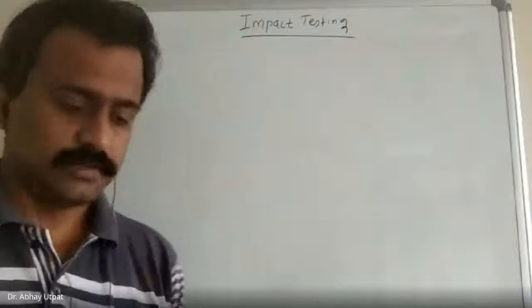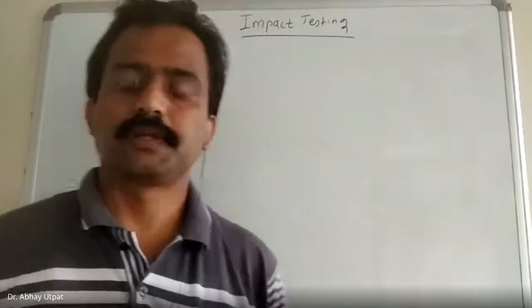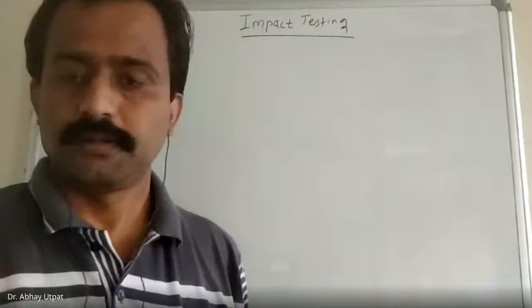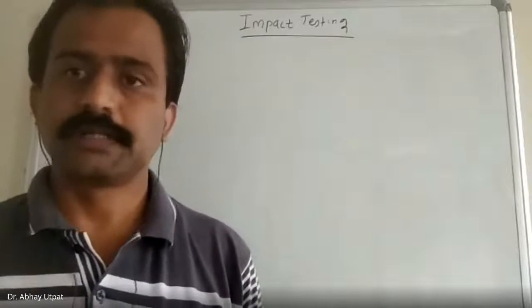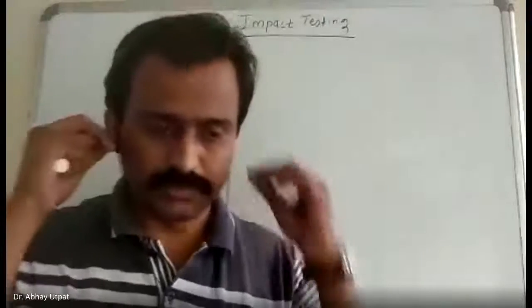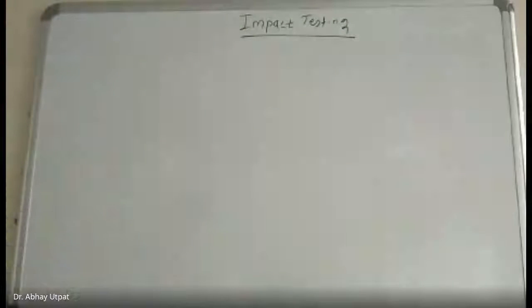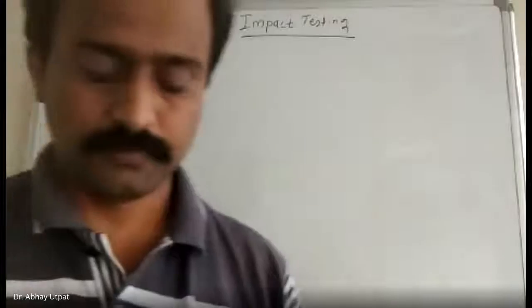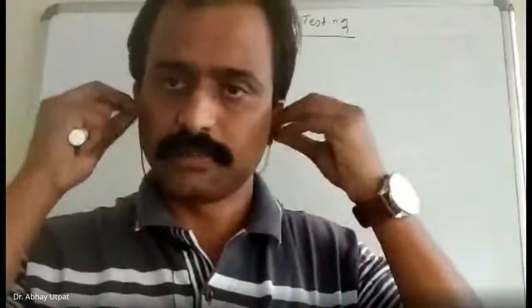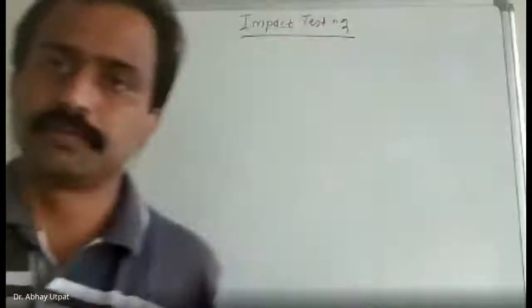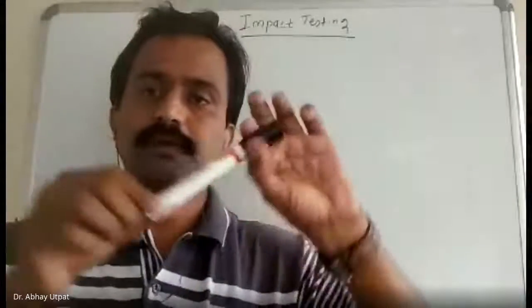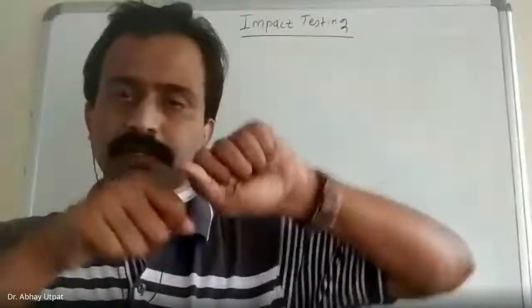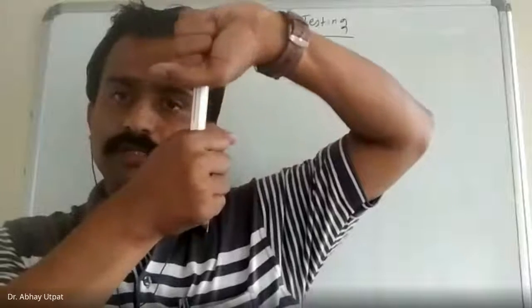So friends, in the previous class, we have studied tensile testing. Now, tensile testing is one of the destructive tests. Tensile testing is one of the destructive testing methods in which the specimen is held in vertical or horizontal direction and it is pulled axially.